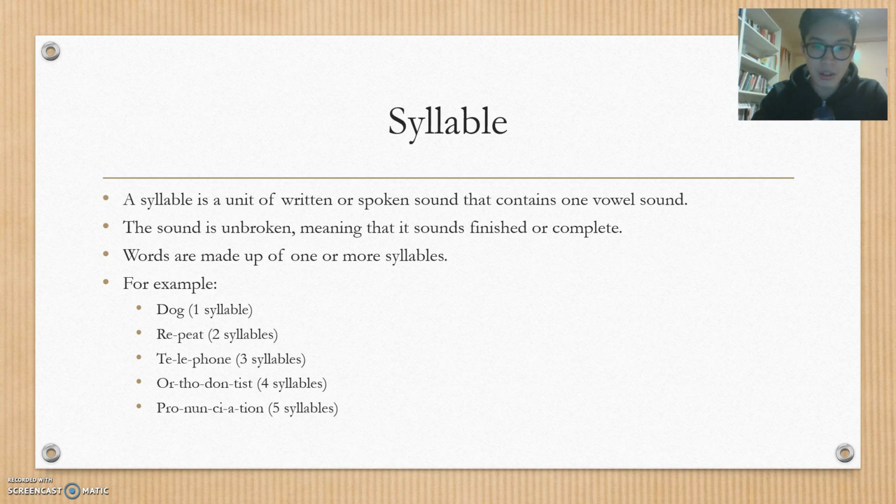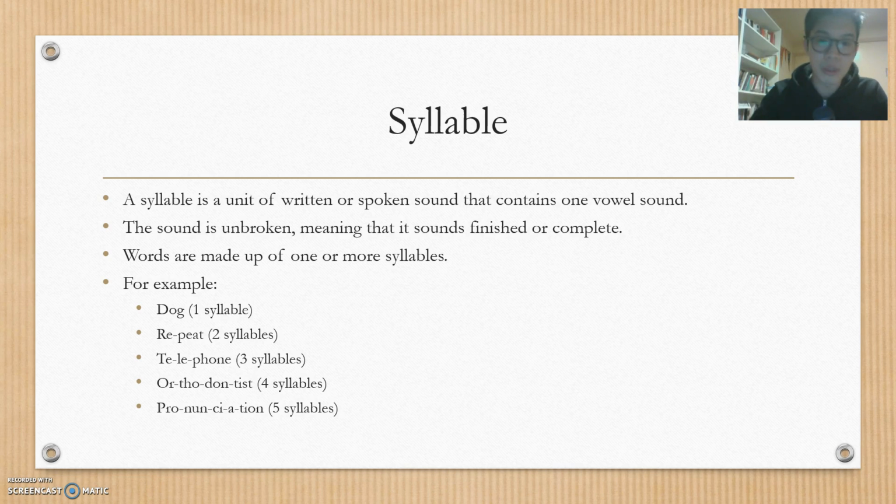So something like dog is one sound. A word like repeat has two syllables. Repeat, two-syllable word. Telephone is three syllables. Telephone, and so on and so forth.